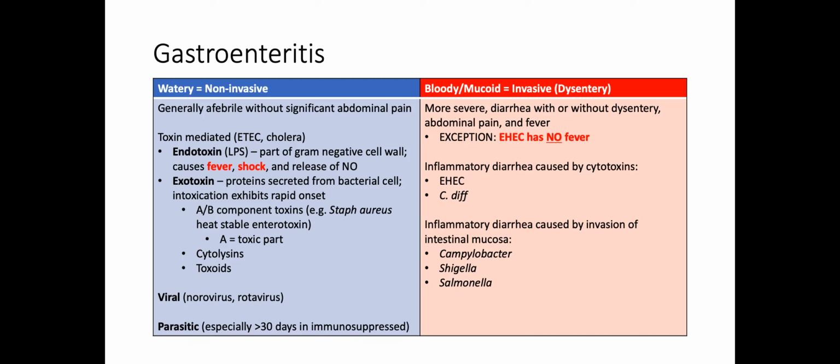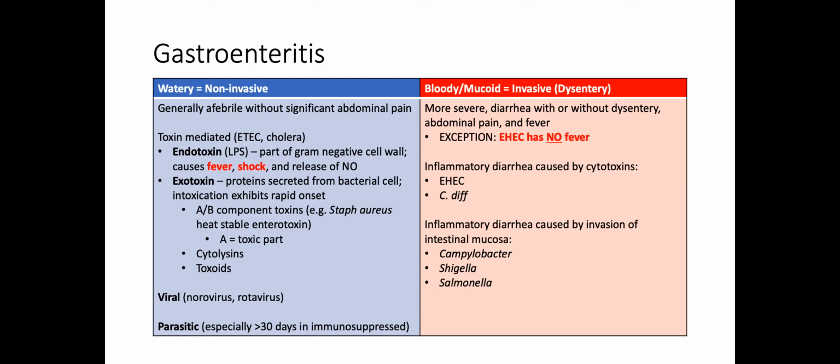So they've got those AB components. Let's think of Staph aureus that's got the heat stable enterotoxin, and then that A is that toxic part. Then we've got cytolysins and then toxoids. Other ones to think about are norovirus or rotavirus. So think of gastroenteritis on a cruise, norovirus, or rotavirus.